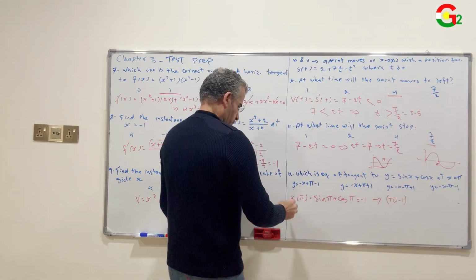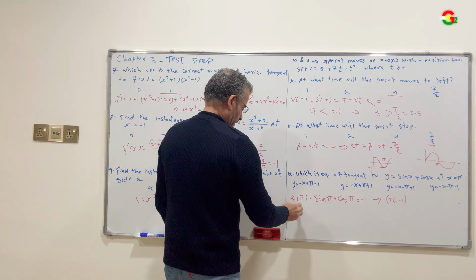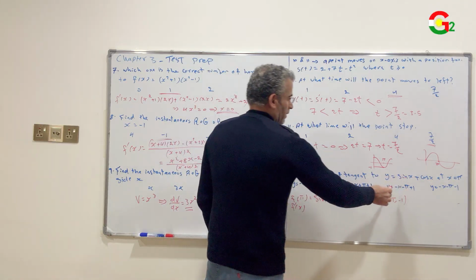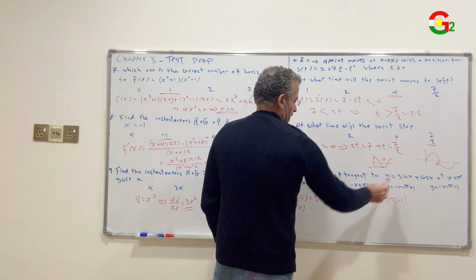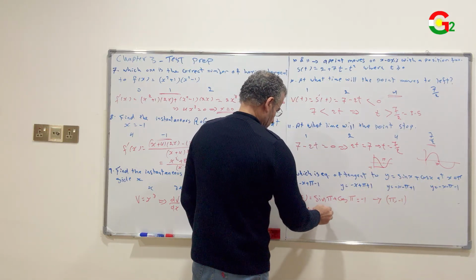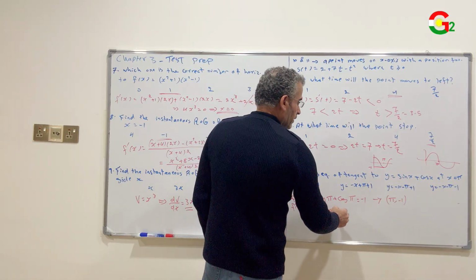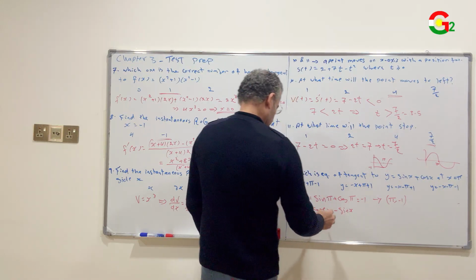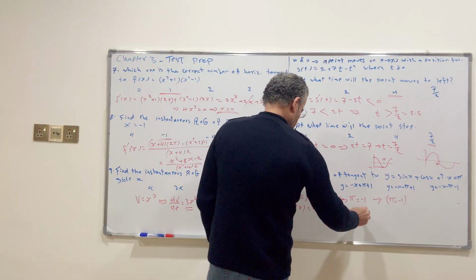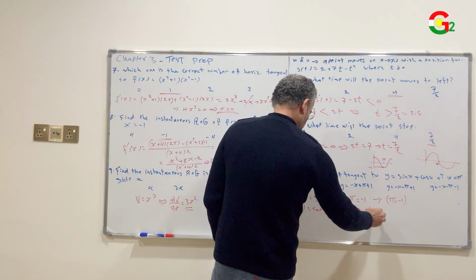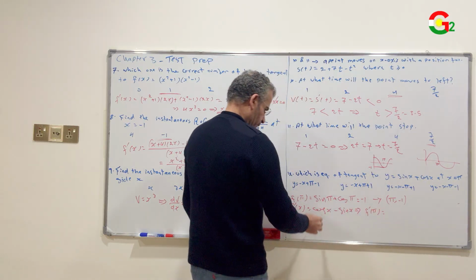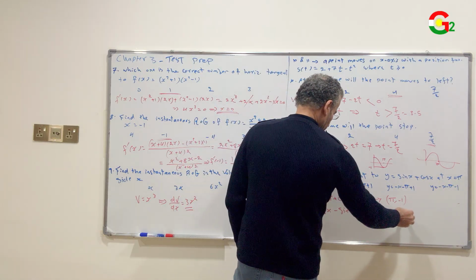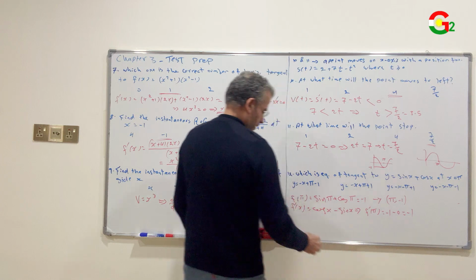To find the slope of the tangent line, find the slope of the function. The derivative of sine x is cosine x. Derivative of cosine x is minus sine x. At pi, f prime of pi equal to cosine pi, -1 minus sine pi 0 equal to -1.